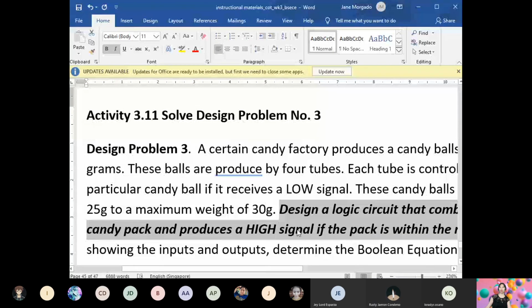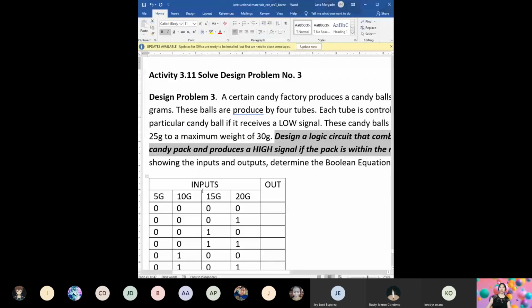And if it is not within the range, below 25 or above 30, the output is 0, because it needs to be within the range of 25 to 30 grams. Such that if you have all 0.